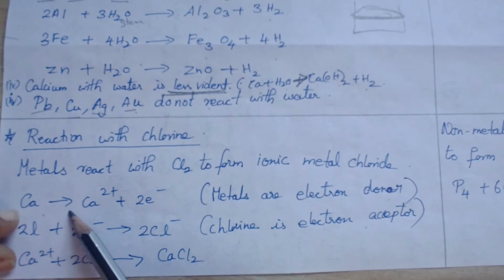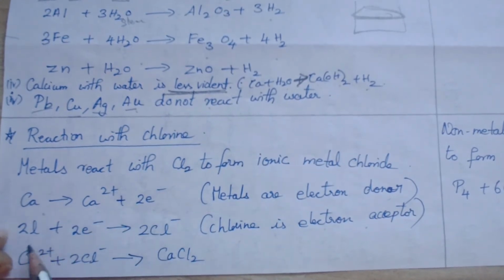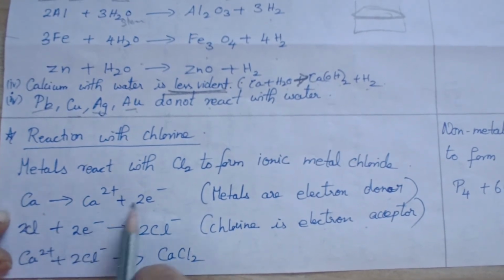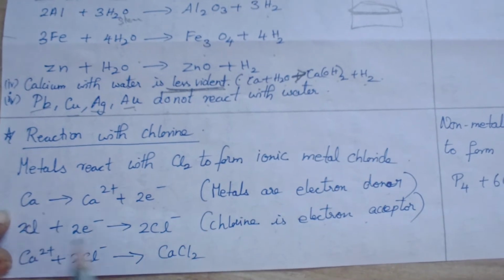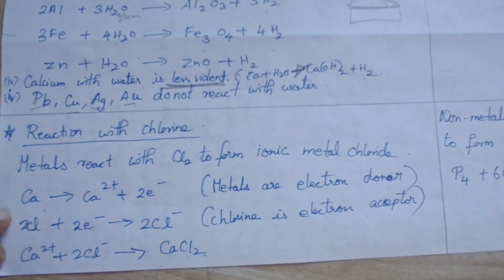So Ca gives Ca2+ plus 2 electrons, and chlorine gains these electrons. The final reaction is Ca2+ plus 2Cl- gives CaCl2, the metal chloride, calcium chloride.